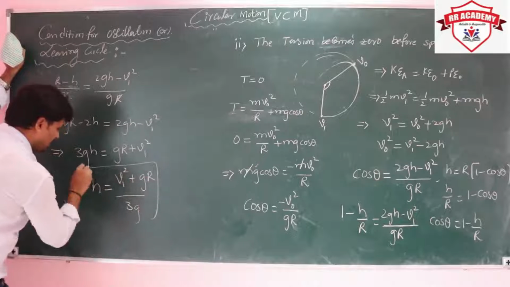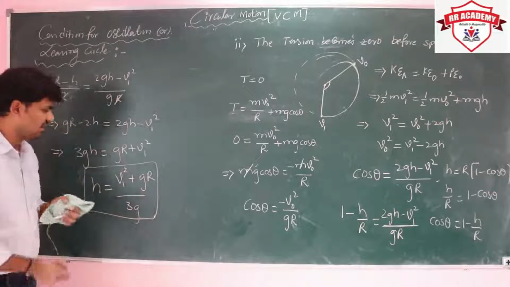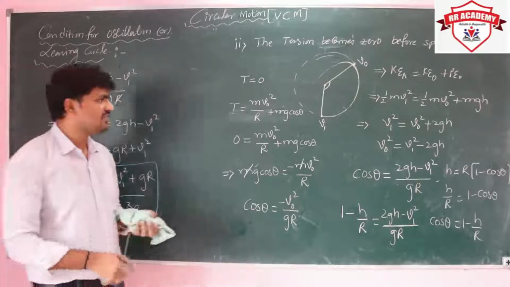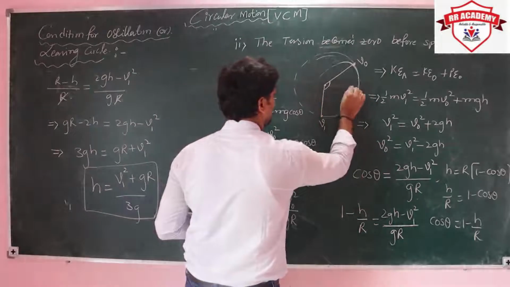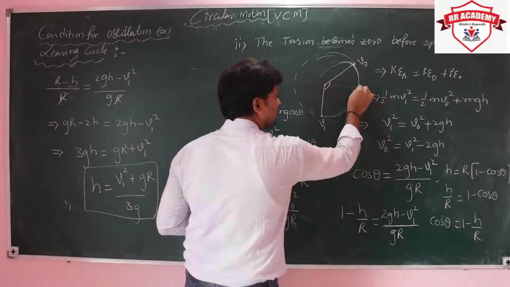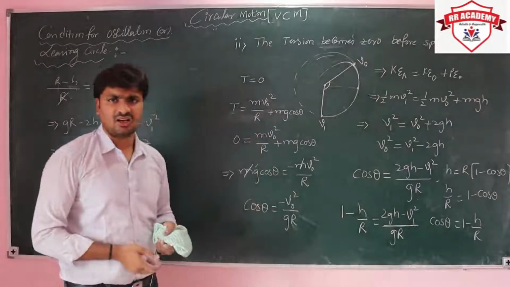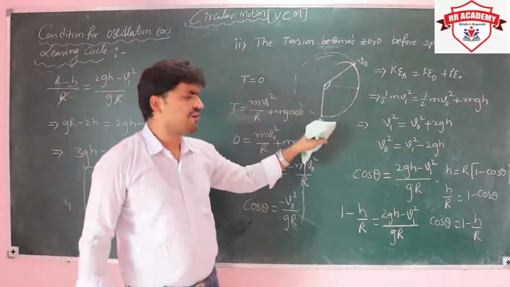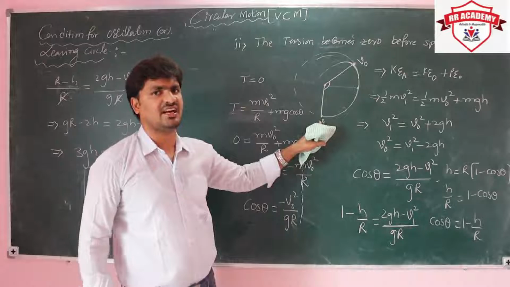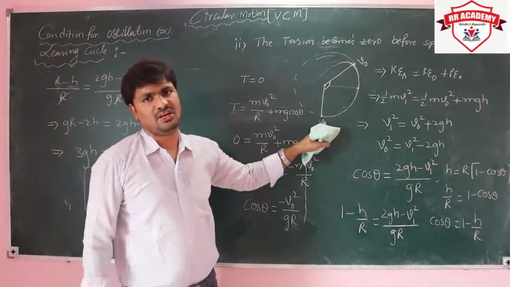Now the velocity of the particle: to reach this point, the velocity at the lowest point should be greater than under root 2gr, and to go over the top it should be greater than under root 5gr.